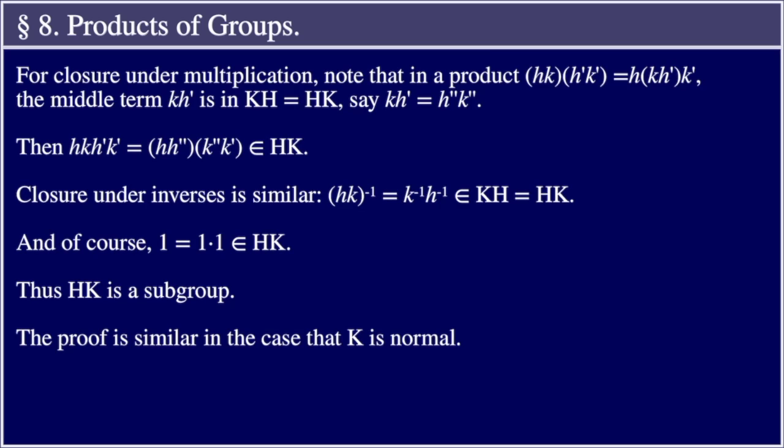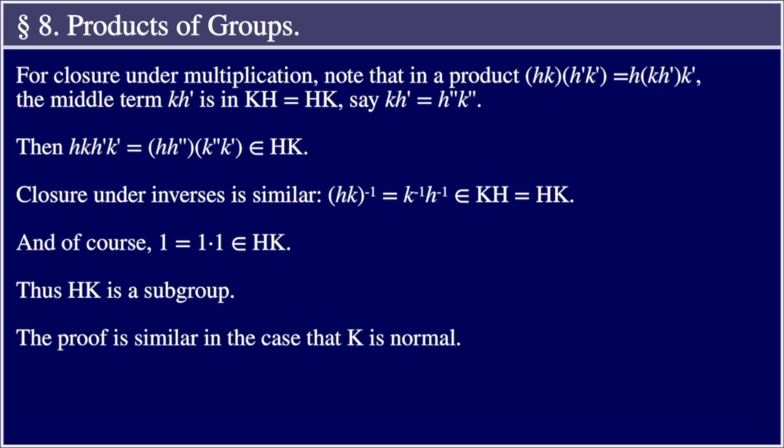For closure under multiplication, note that in a product, the quantity hk times the quantity h′k′ is equal to h times the quantity kh′ times k′. The middle term, kh′, is in KH equal HK. Say kh′ equals h″k″. Then hkh′k′ is equal to the quantity h h″ times the quantity k″k′, which is a member of HK.